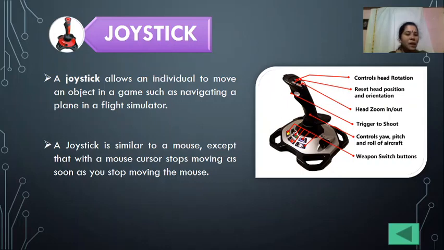So this is basically mainly used to play games. Okay, the joystick. So this also gets connected to your computer. All these devices which we are talking about are getting connected through this. Signals are sent to your computer, and in your computer the result is shown on the monitor.